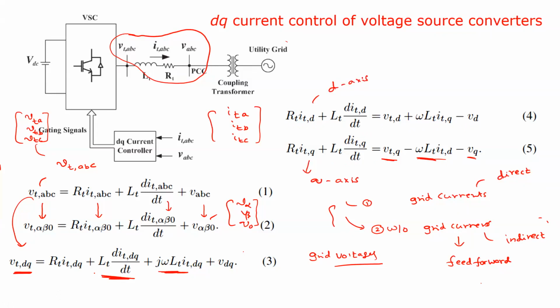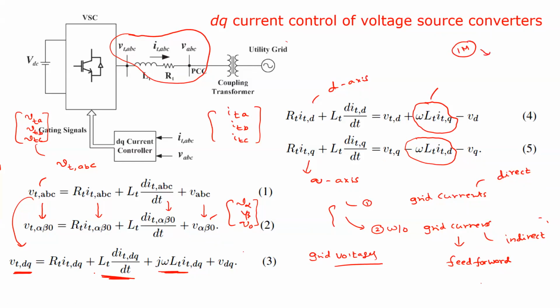If you notice, this one belongs to the d-axis, and this belongs to the q-axis. So that means in the d-axis you have a q-axis dependency, and in the q-axis you have a d-axis dependency, right? So what are these terms known as when you're modeling an induction machine? You might have seen this, right?